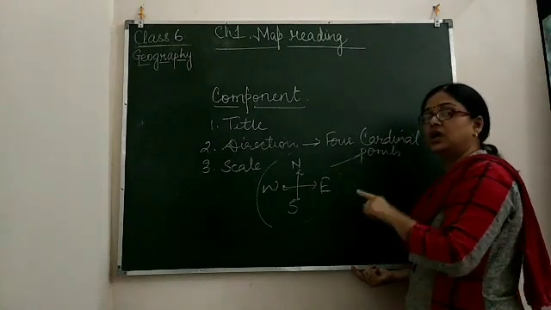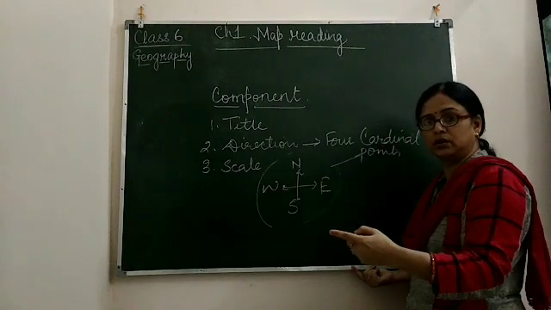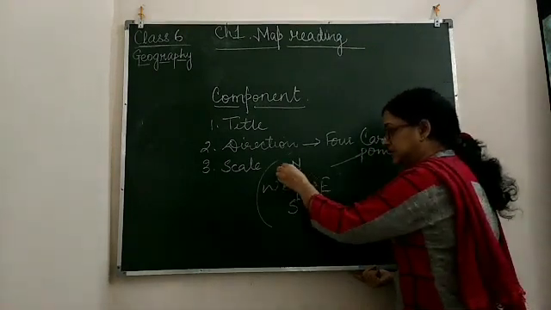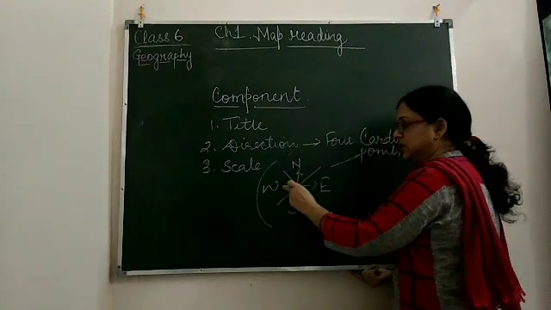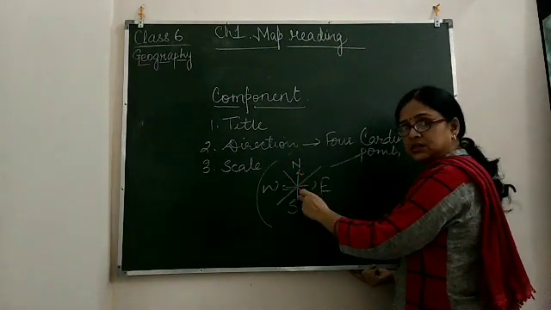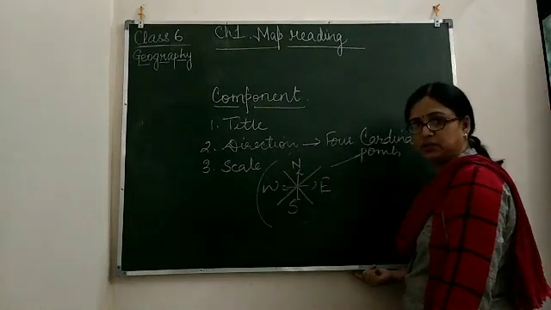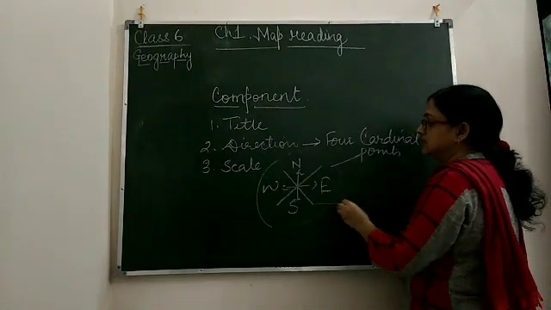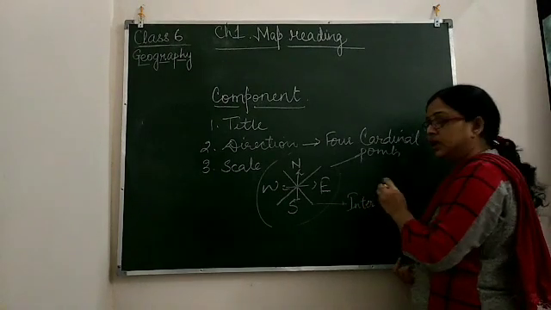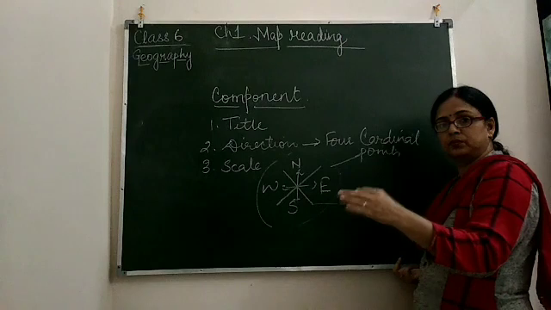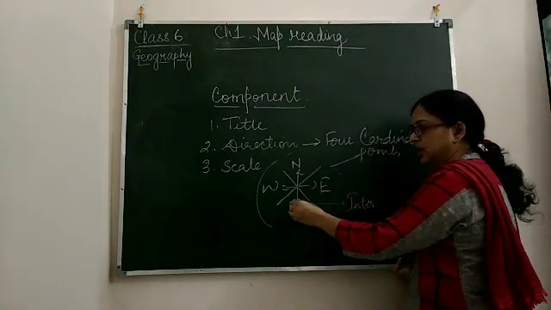These points are further divided into four, which are called intermediate directions. This one is in the form of a plus symbol and this one is in the form of a multiplication symbol. Inter means in between, so intermediate directions are in between the cardinal points.